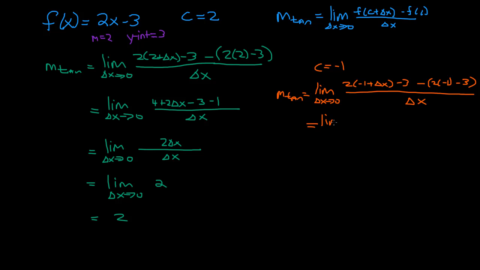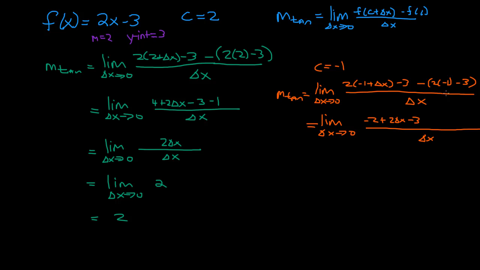So let's do some rearranging here, just like before. We still have a delta x in the denominator. Now we have 2 times -1, so that's -2. We have 2 times delta x, so plus 2 delta x minus 3.